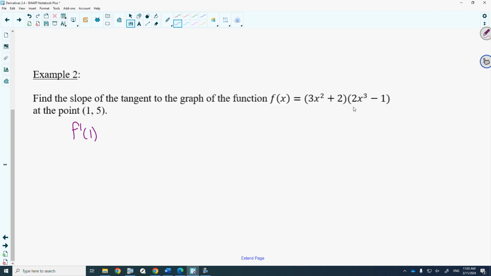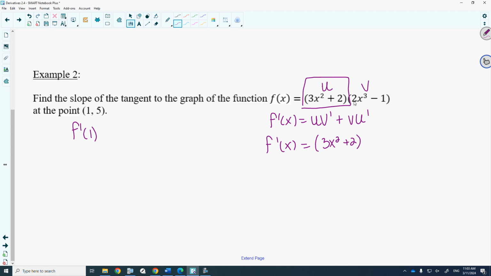Okay, if this was an exam question, I probably would want to expand this out and then just take the derivative of each term using the power rule. But because it's in this lesson, we're going to take the derivative using the product rule. So this will be u, this will be v, f prime of x is equal to u v prime plus vu prime. f prime of x is equal to u times v prime, where v prime is the derivative of the second function, 6x squared.